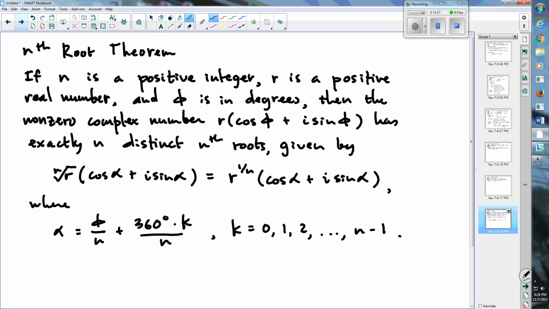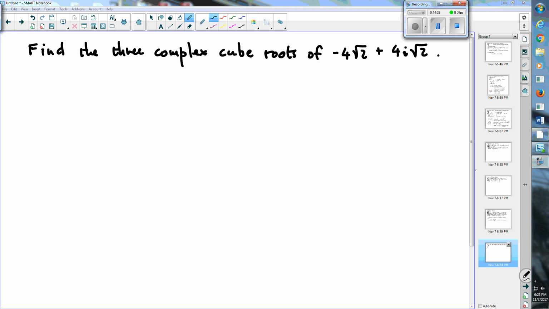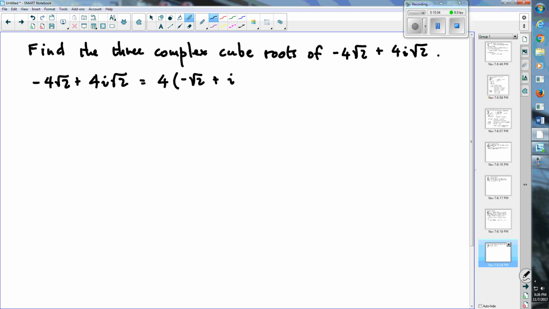Let's try an example. Find the 3 complex cube roots of negative 4 root 2 plus 4i root 2. So I'm going to start with negative 4 root 2 plus 4 times I and then root 2, and write this as 4 times negative root 2 plus I root 2. Now I'm going to continue and factor this out.